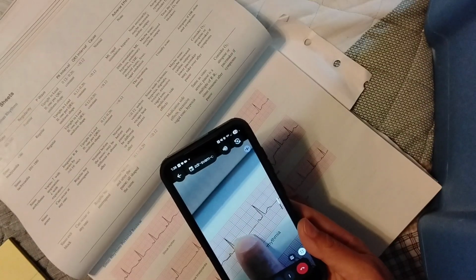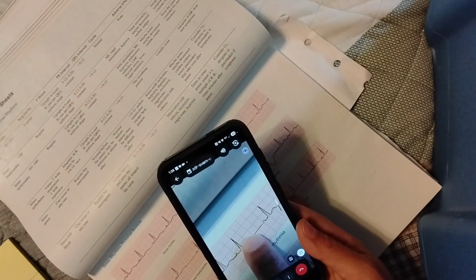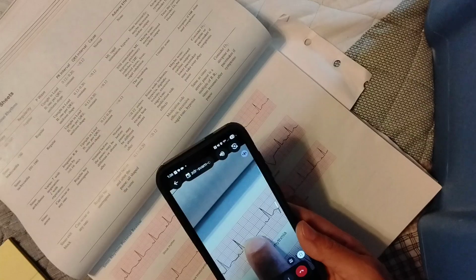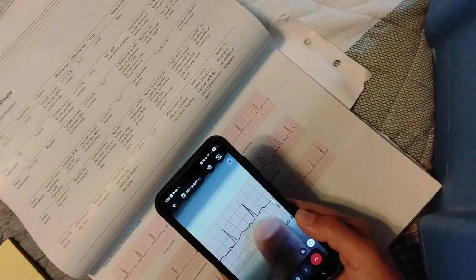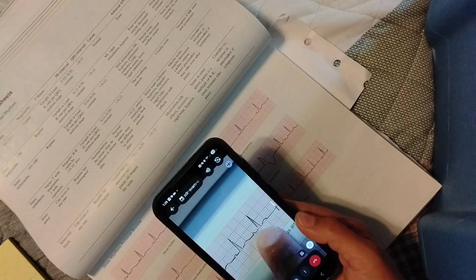Because remember, each little square is 0.04. So you have to know a little bit of math, not a lot, because I'm not good at math. So make sure the P wave in front of the QRS is within 3 to 5 boxes, and then it's normal.